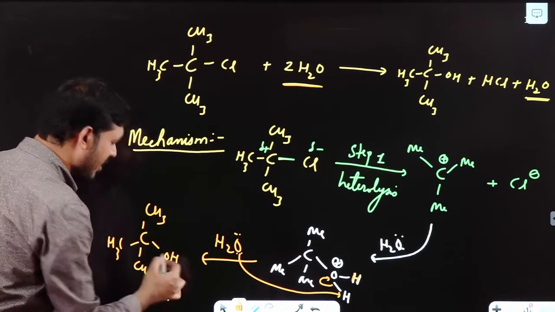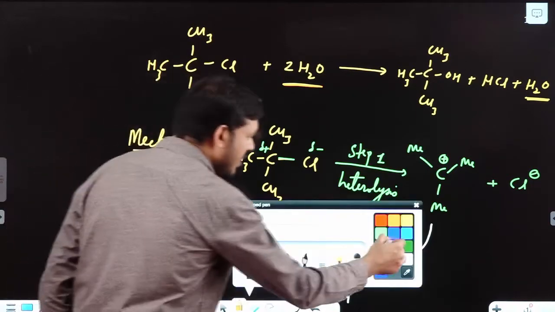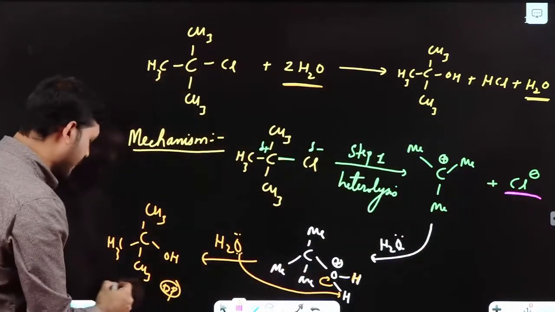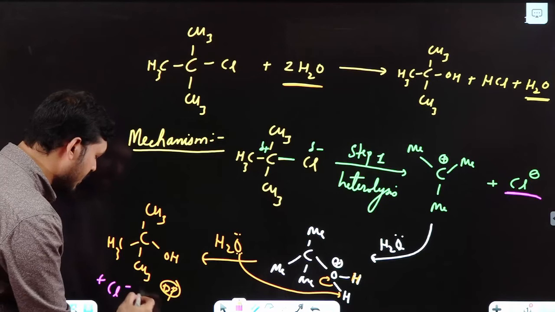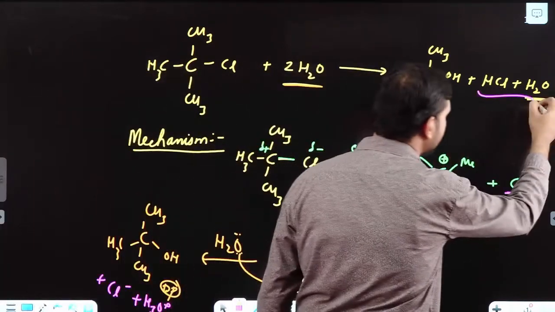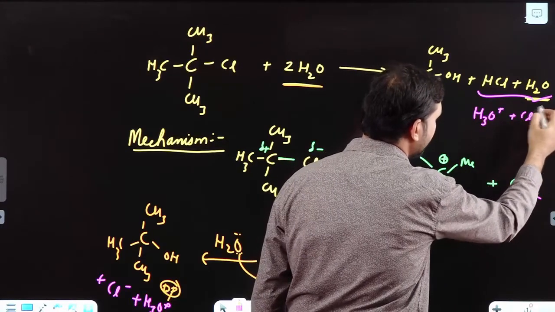With this desired product, the additional part which you are getting is this Cl minus and this H3O plus. As I told you earlier, HCl and H2O is nothing but H3O plus Cl minus.